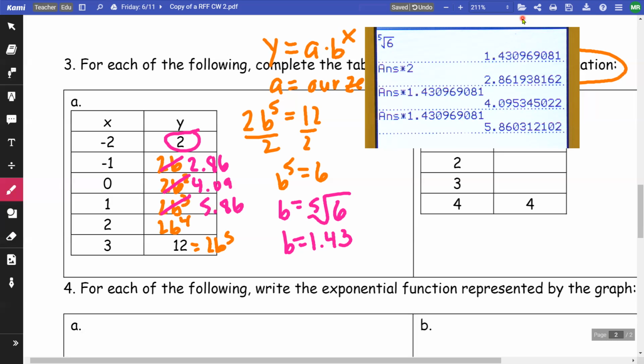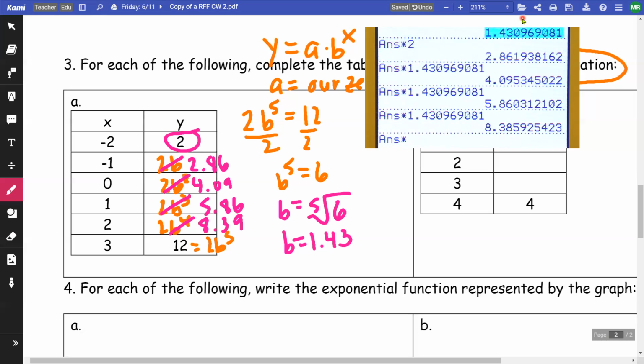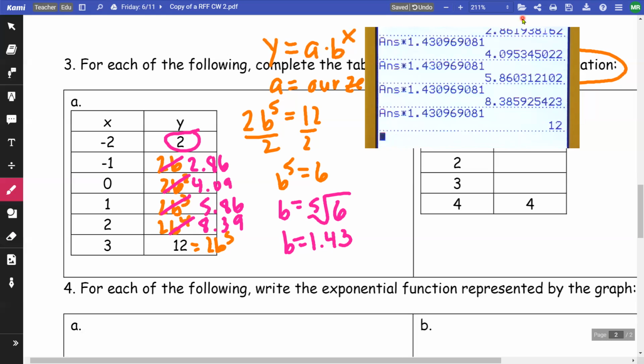I'm going to times it again by my 1.43. I get 8.39. And then let me just double check it. Let me go up here and start one more time. And you see I get exactly 12.